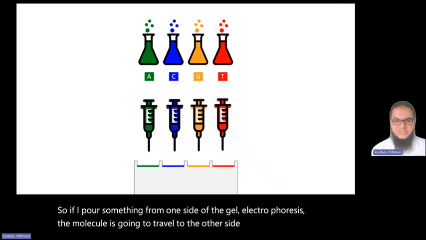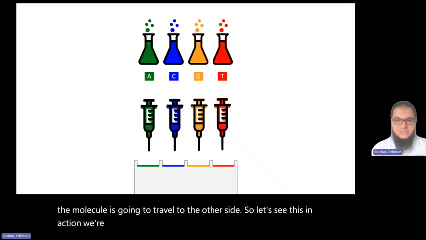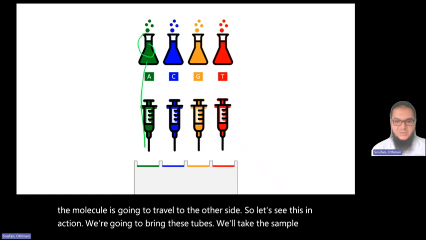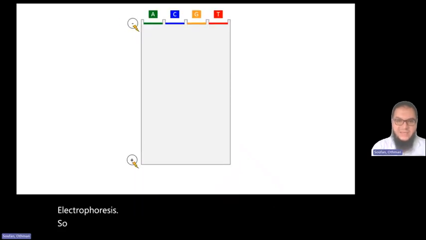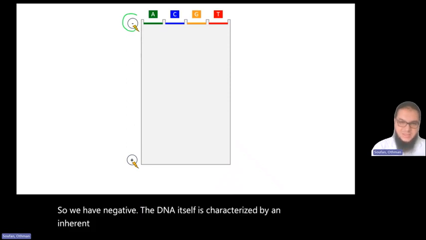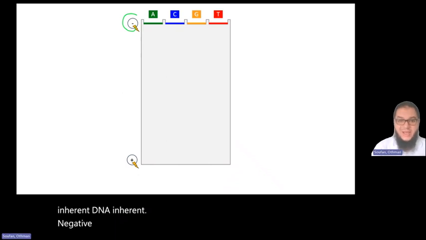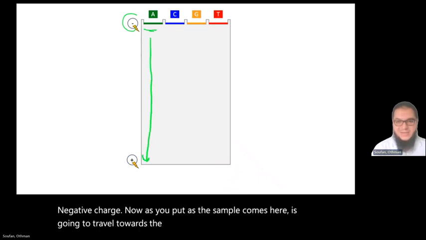So let's see this in action. We're going to bring these tubes. We'll take the sample from each, put it here into the gel electrophoresis. So we have negative. The DNA itself is characterized by an inherent negative charge. Now, as this sample comes here, it's going to travel towards the positive one.